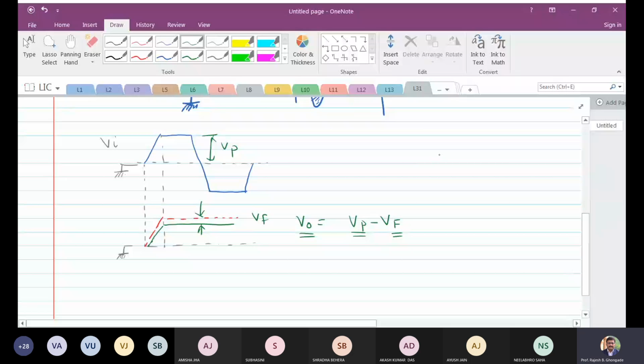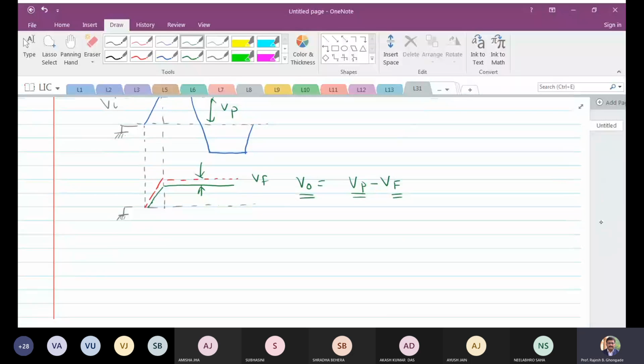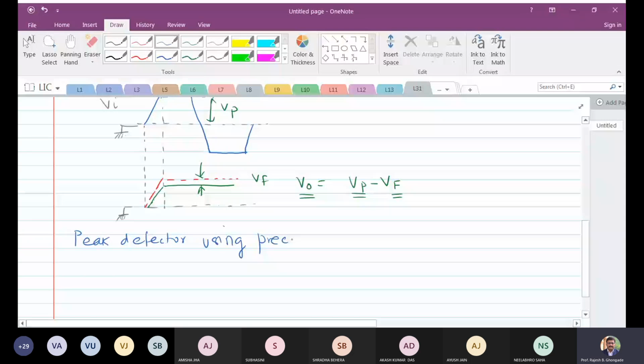Okay, so we have to think of a better alternative, and using an operational amplifier you can do that. In fact, we can build the peak detector with a precision rectifier. We have already seen what a precision rectifier is. So, a peak detector using precision rectifier.